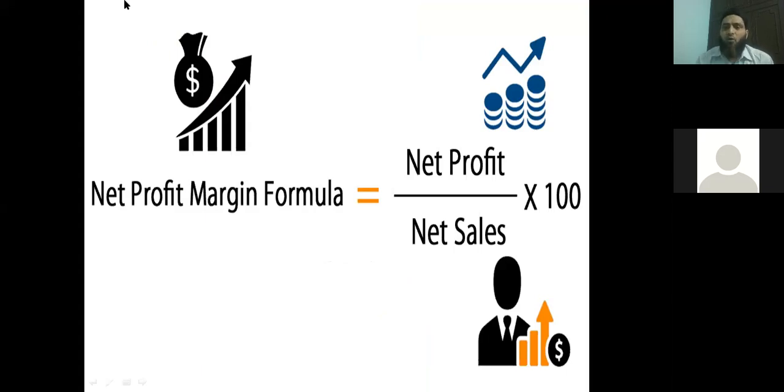It is mandatory for all business units in the country to show net profit, as the government has to impose taxes on net profit. The government is imposing taxes not on gross profit, not on operating profit, but on net profit. And net profit includes income from core operations as well as income from other sources.